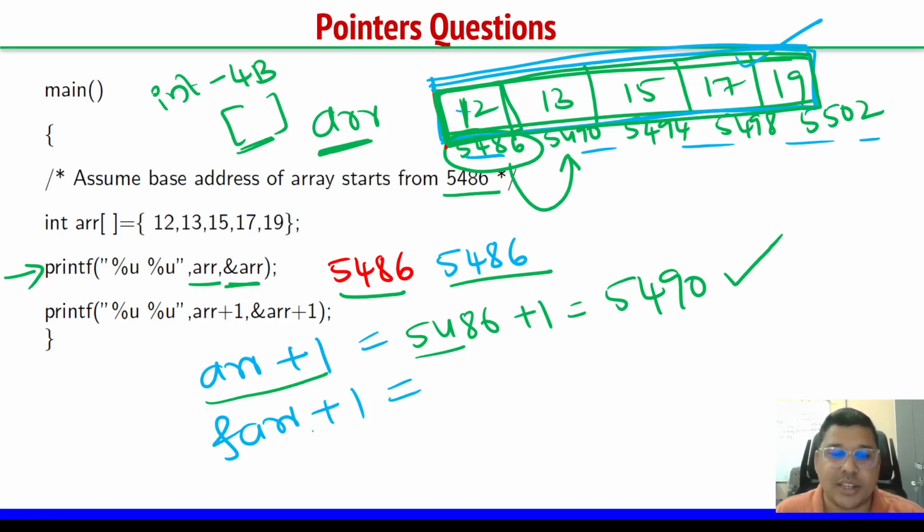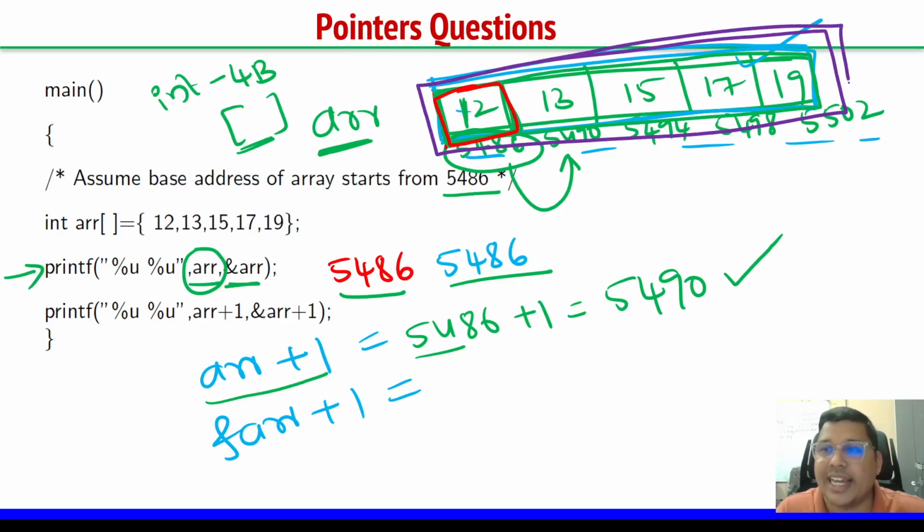What is this ampersand A plus 1? Please pay attention and understand, ARR refers to this block alone. Let me change the color. ARR refers to this block alone, whereas ampersand ARR refers to this entire block, starting address of this entire block.